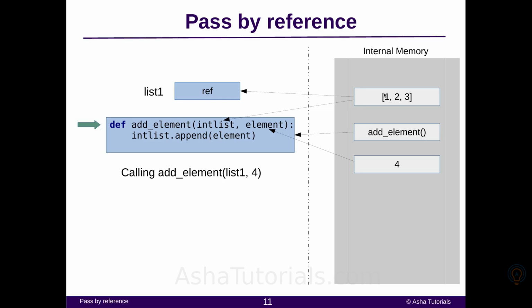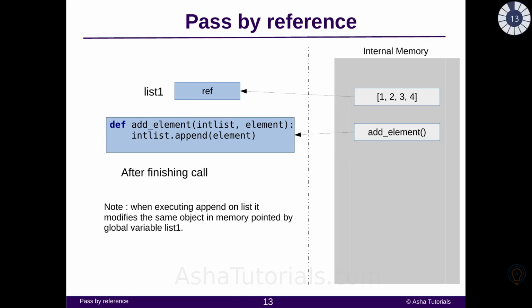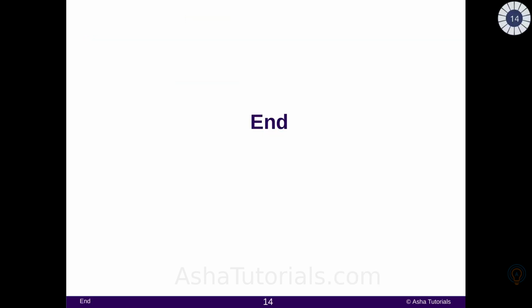Okay, as the given object type is mutable, it will change the object value stored at that particular location. So it is modifying it. Okay, and after calling it, as we can see, the reference remains the same and the same object is modified. Okay, so that is how it is modified.